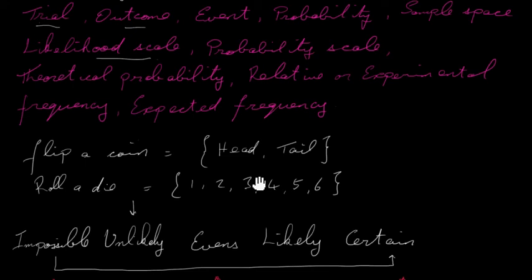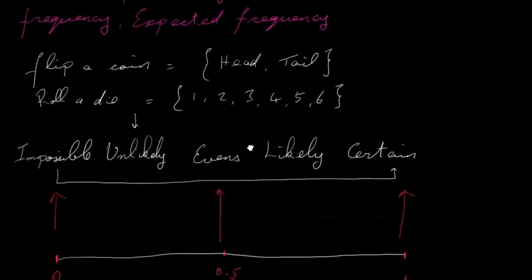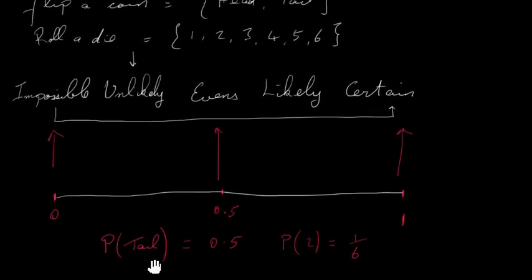Theoretical probability is the first thing here, and I've already done that to a certain extent here. I've said that when you flip a coin, this here is theoretical probability. When you flip a coin, the theoretical probability of getting a tail is 0.5, assuming the coin is a fair coin, that it's not weighted on one side.